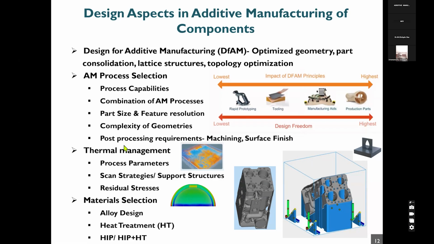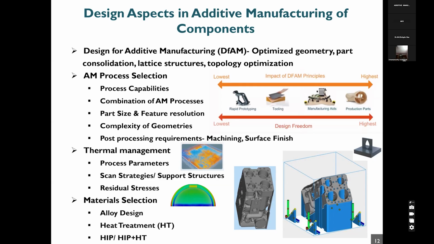We also need to take care of the thermal management. Process parameters play a key role. And also the scan strategies and support structures play a key role in thermal management, because when you do the 3D printing process, it can lead to a lot of thermal stresses being built in during the process of printing. Which can translate into a lot of residual stresses, which can even lead to cracking.